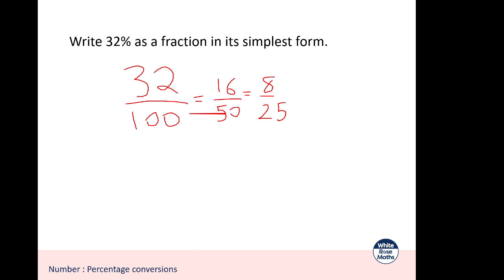So that's how to write a fraction in its simplest form. Remember, percent or percentage means out of 100. So make sure that you're happy with your fraction, decimal, and percentage conversions. If you're interested, as a decimal, it would be 32 divided by 100, which would be 0.32.